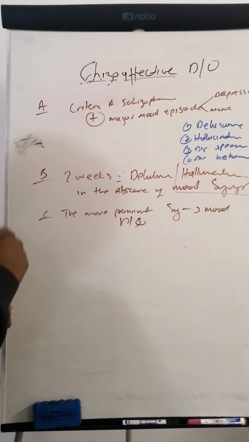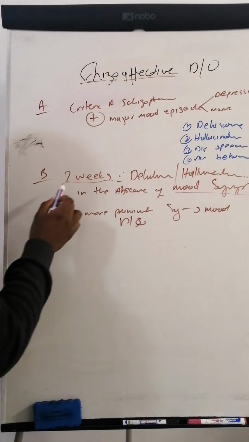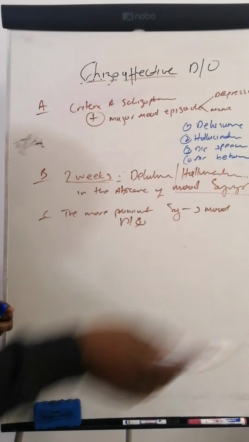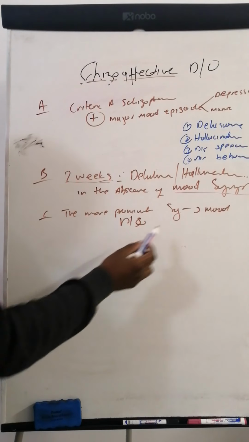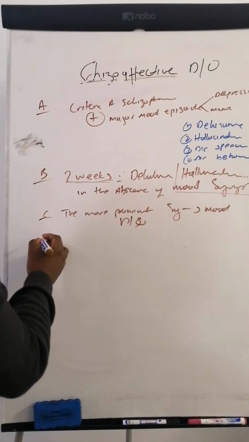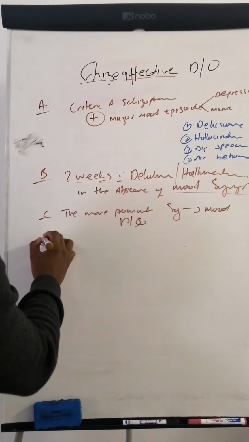For psychotic symptoms you only need a minimum of 2 weeks. So the other times, the more prominent symptoms should be that of the mood disorder. I hope you guys will get that.